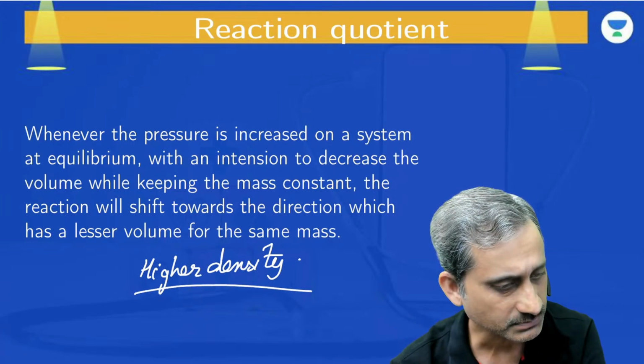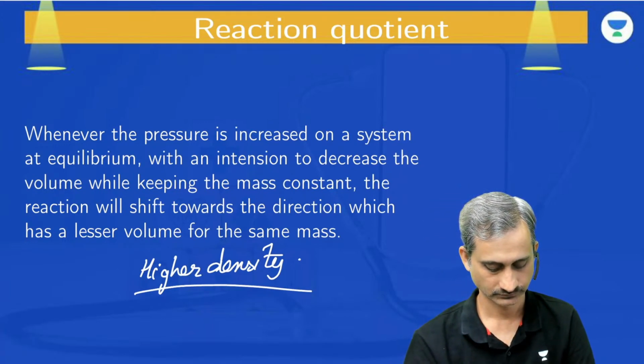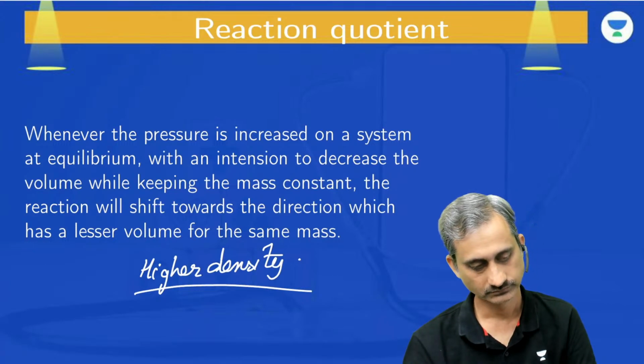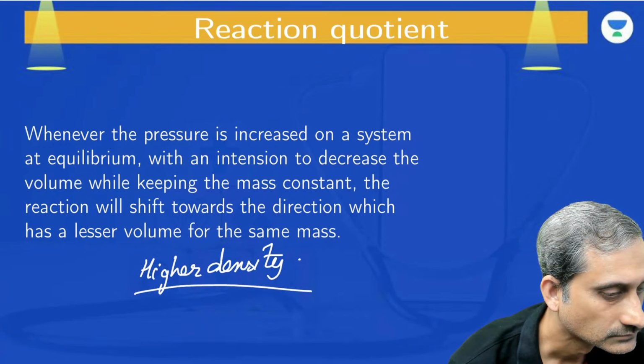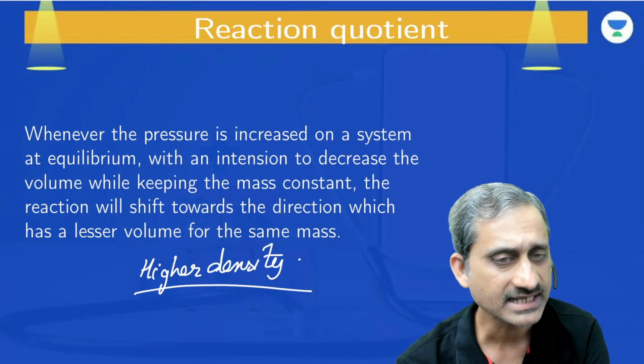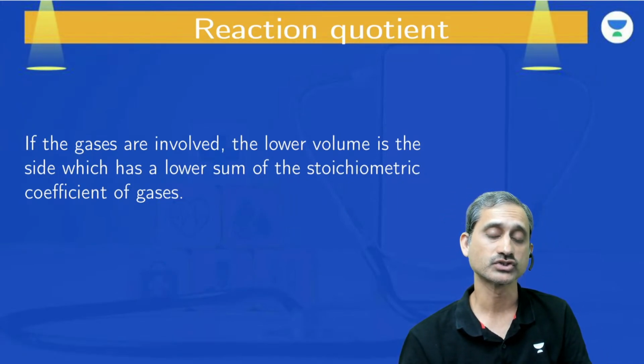ये समझ में आया? Can you see this particular statement? हम कुछ ये कह सकते हैं ना कि it is shifting towards the lesser number of moles. If the gases are involved, the lower volume is the side which has a lower sum of stoichiometric coefficients of gases.